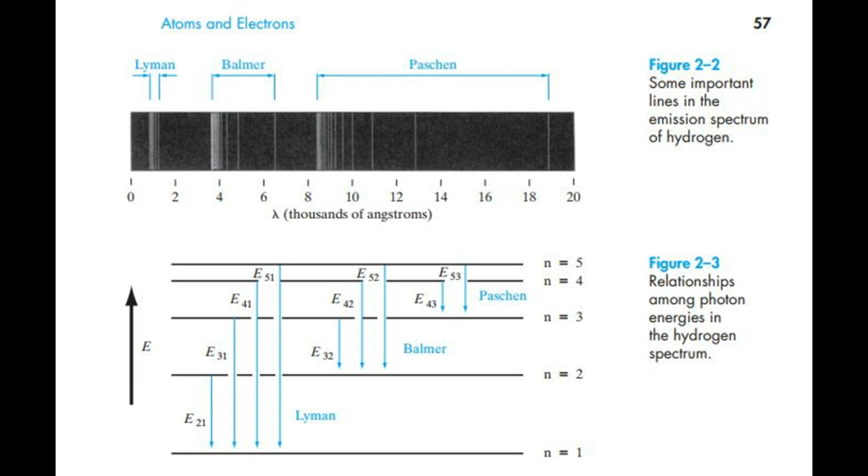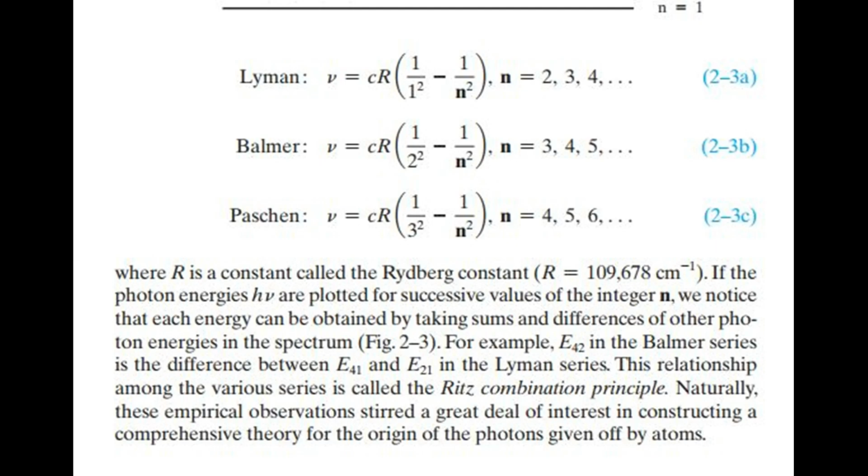If the photon energies hν are plotted for successive values of the integer n, we notice that each energy can be obtained by taking sums and differences of other photon energies in the spectrum, Fig 2.3. For example, E42 in the Balmer series is the difference between E41 and E21 in the Lyman series. This relationship among the various series is called the Ritz combination principle.